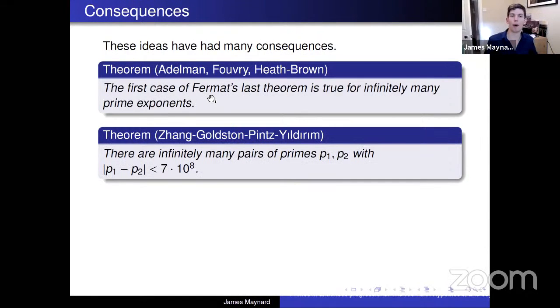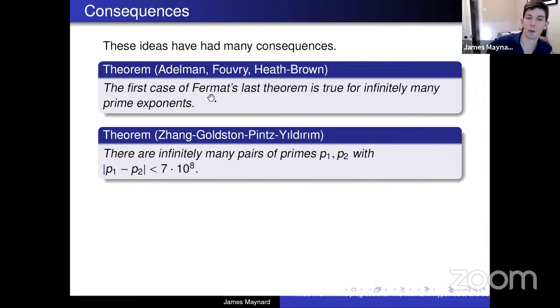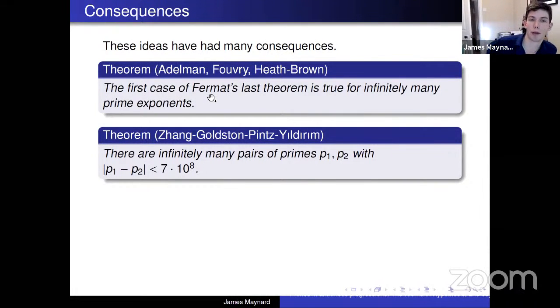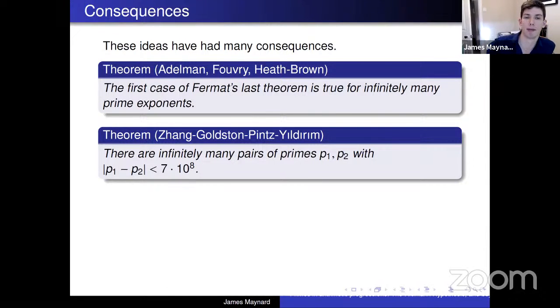As I mentioned before, and as we heard in the introduction, one other consequence of these results about primes in arithmetic progressions that go beyond this square root of x barrier is that we got bounded gaps between primes when you combined Zhang's result about primes in arithmetic progressions with some earlier work of Goldston, Pintz, and Yildirim coming from sieve methods.